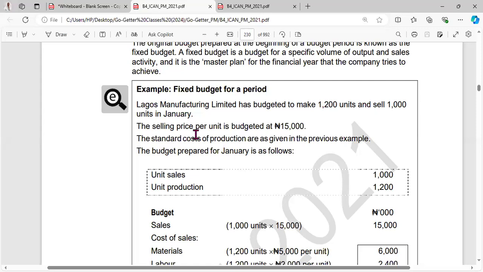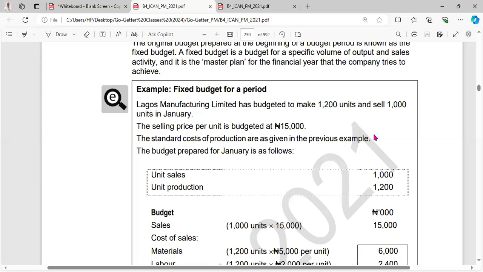Now, from the budget setting, we've seen that the selling price is budgeted to be 15,000. You remember when we learned target costing, right? We start with selling price. We now look at it. You cannot sell more than that.